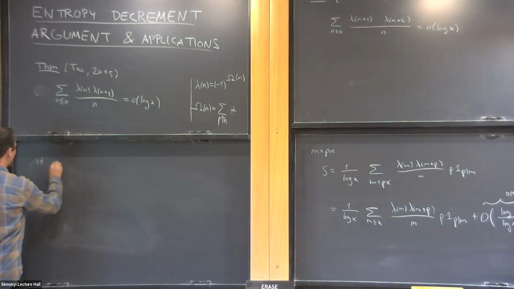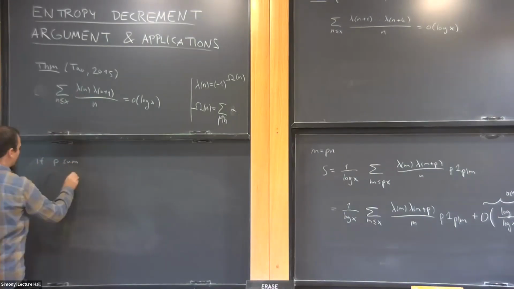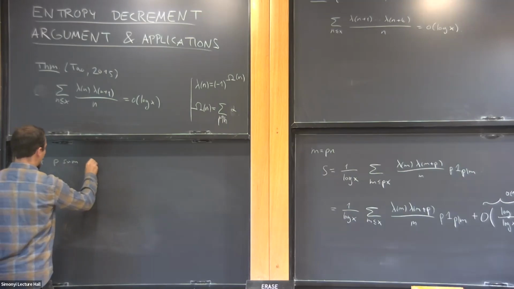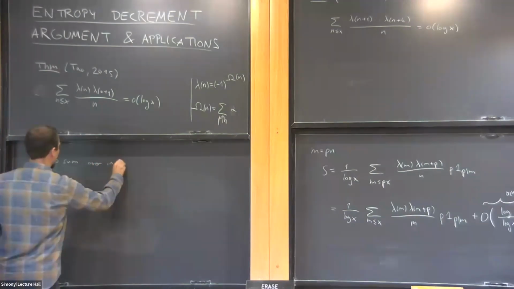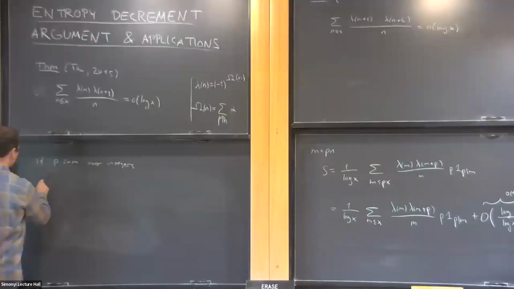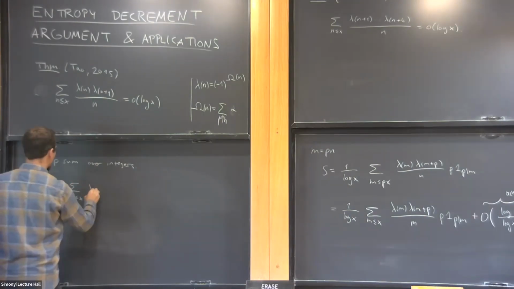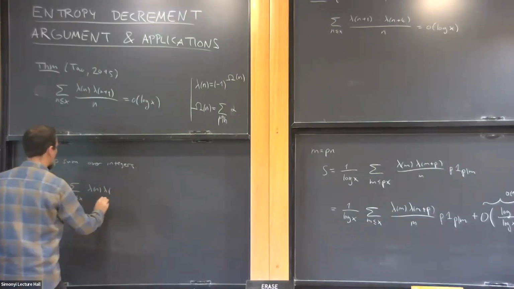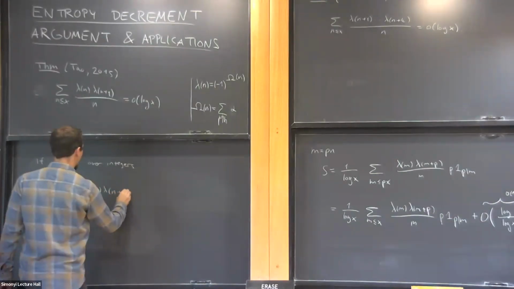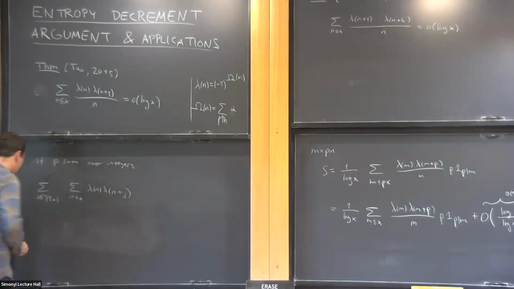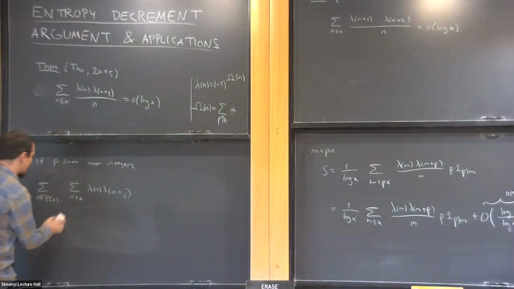So if the p sum was over integers rather than primes, then we would have the sum of, let's say j is the integer, and now I change the order of summation, so change the n and j sums.